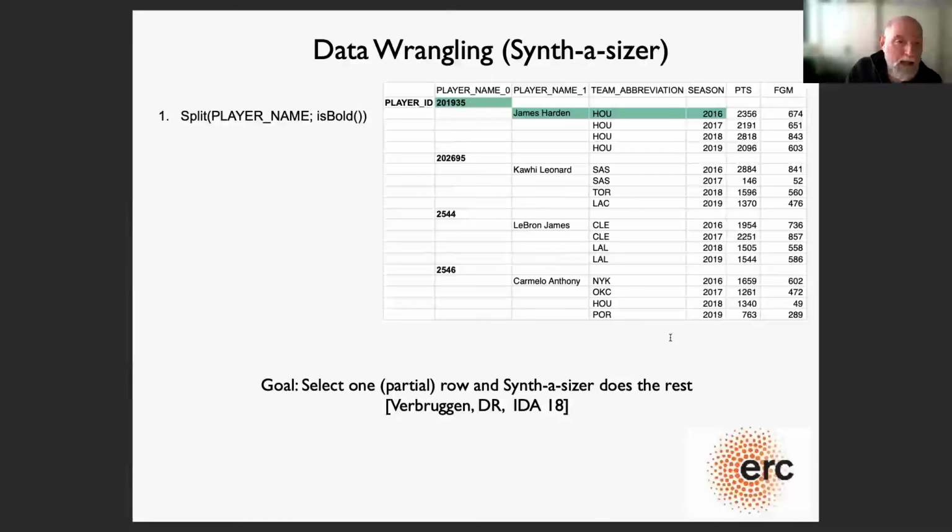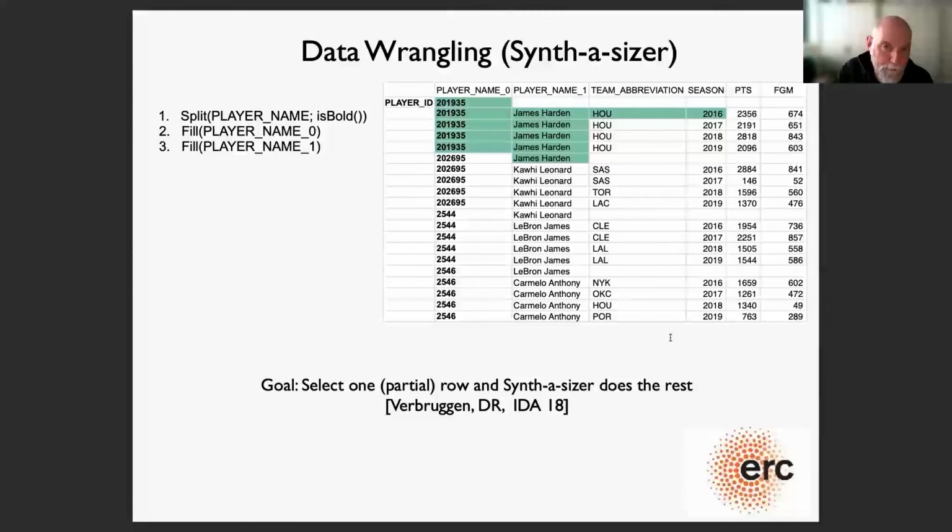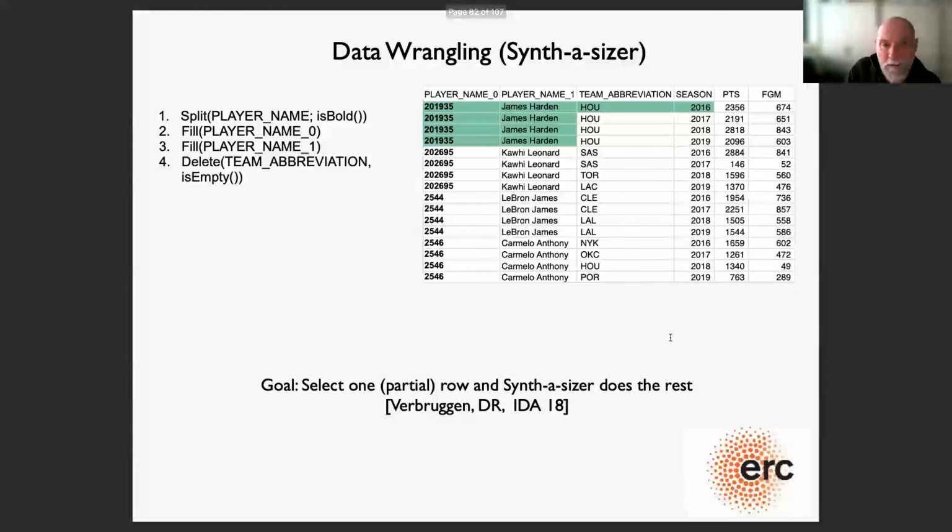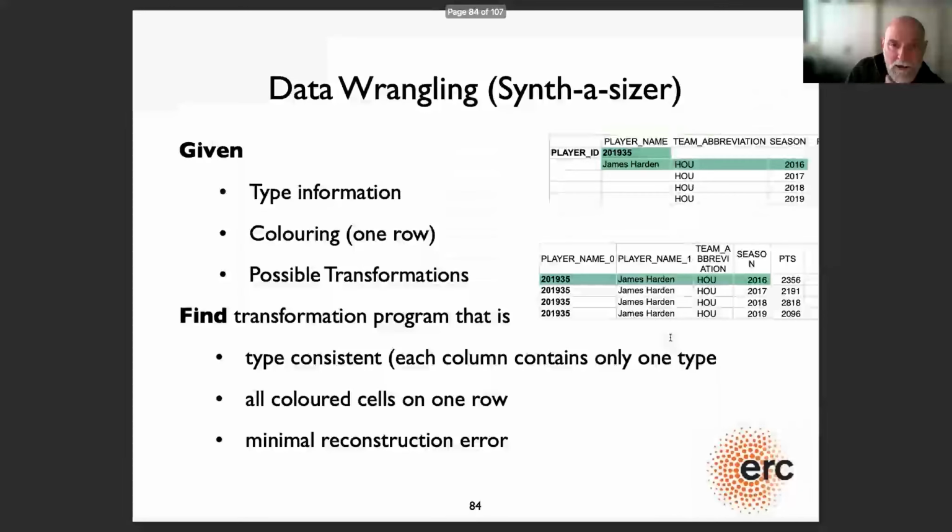You could do operations like filling the empty cells, and you could then also delete certain things, and then you get something that is satisfying this constraint, right? The green part is corresponding to one row, and this is something that you could input to any kind of standard machine learning algorithm.